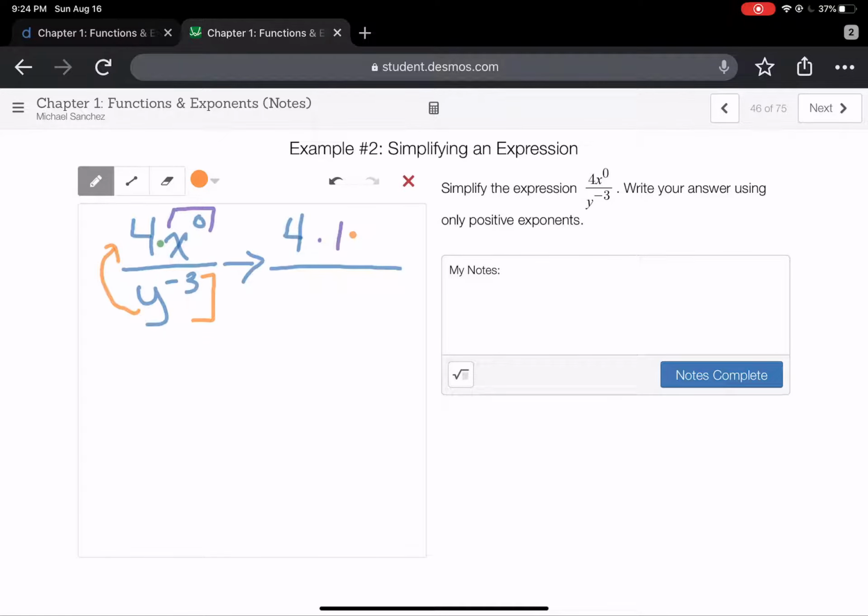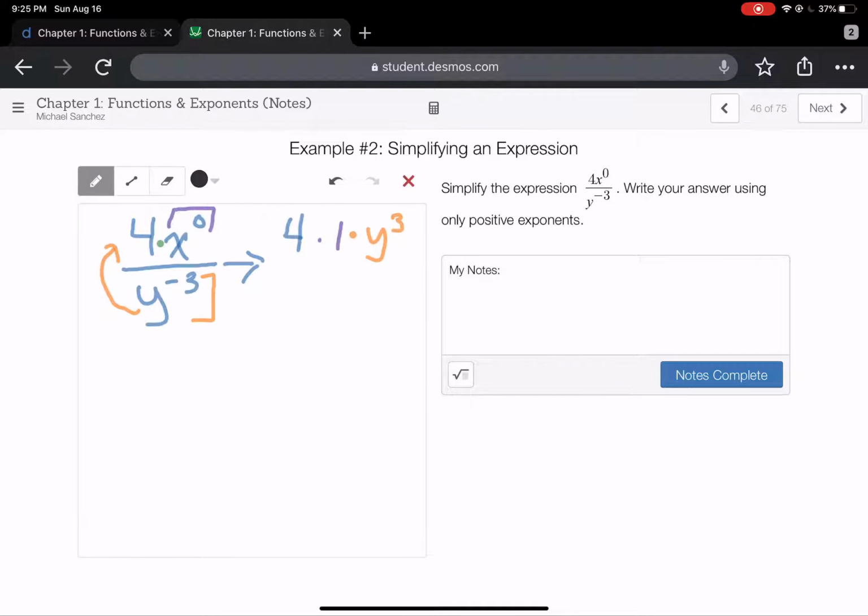So I'm going to do y to the power of positive 3. Now that I've switched it, the negative sign goes away and it becomes a positive. It looks like I don't have anything left on the bottom, so the bottom doesn't exist anymore. Now I just have to simplify everything.